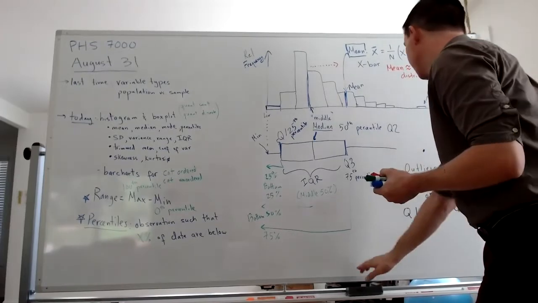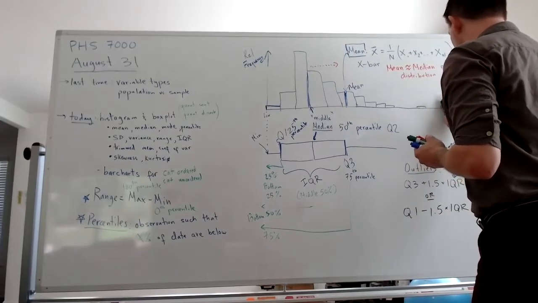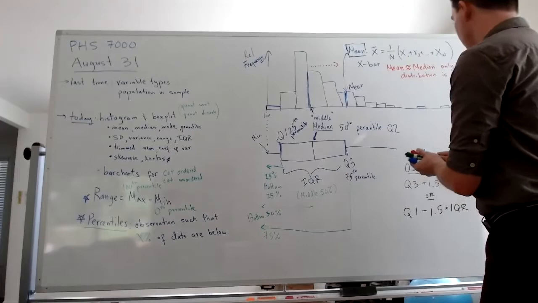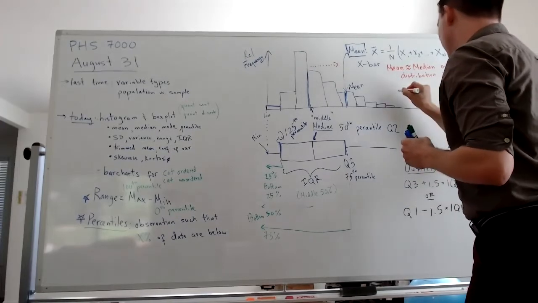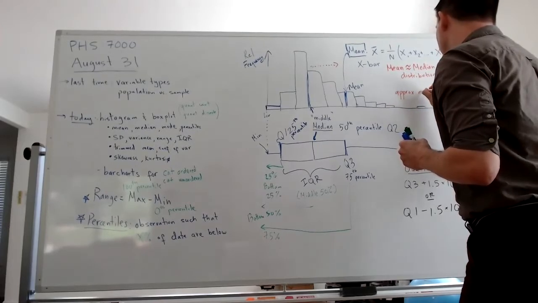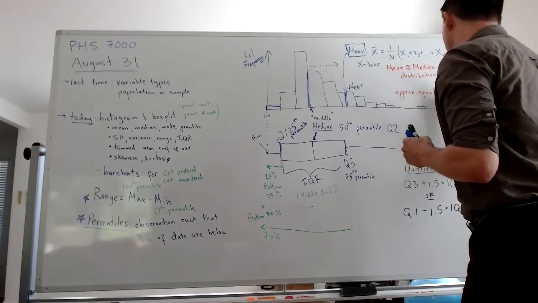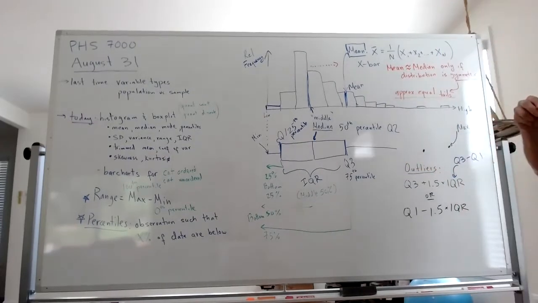When I say symmetric, I mean approximately equivalent tails. Approximately equal tails.